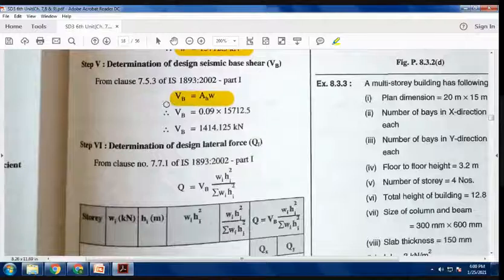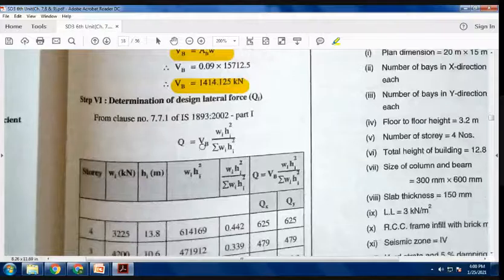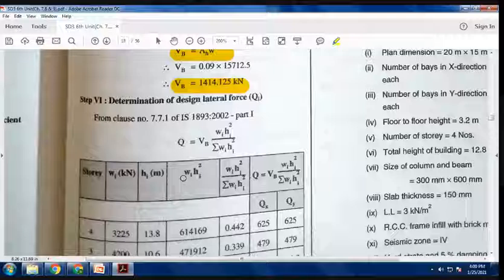We will calculate with Ah into W. We know the value of Ah, we know the value of W, so we will get the base shear as 1414. Then what we will do, we will determine the lateral forces for each floor.